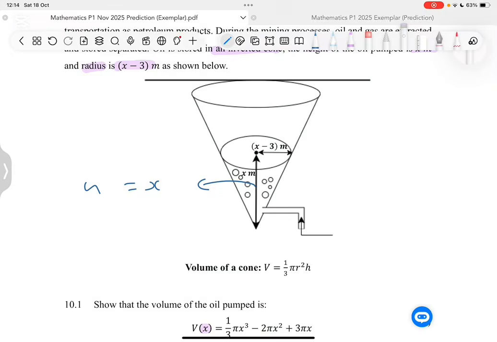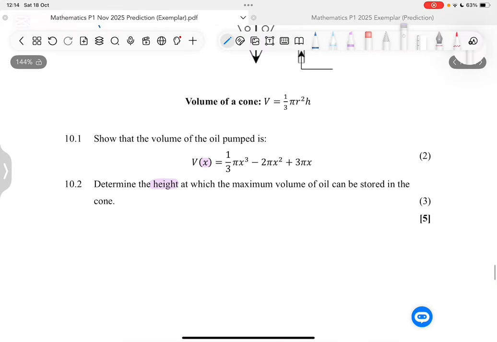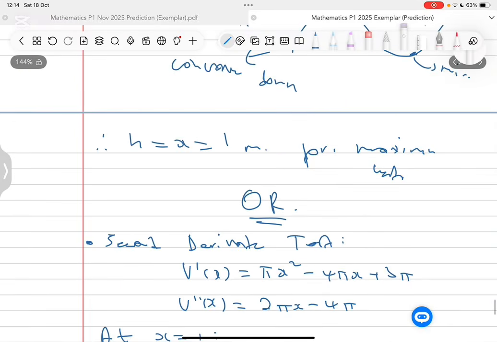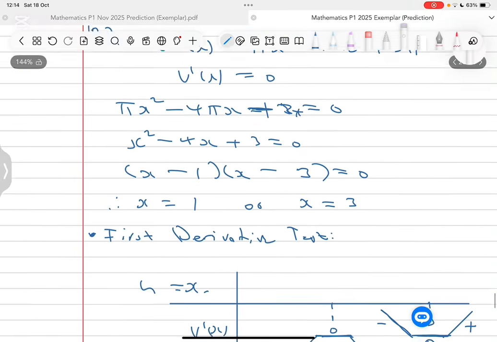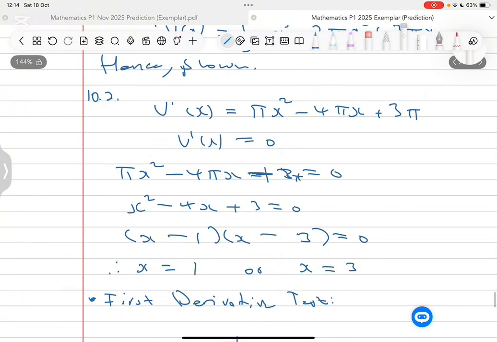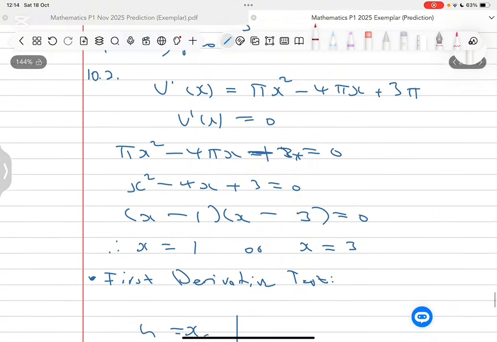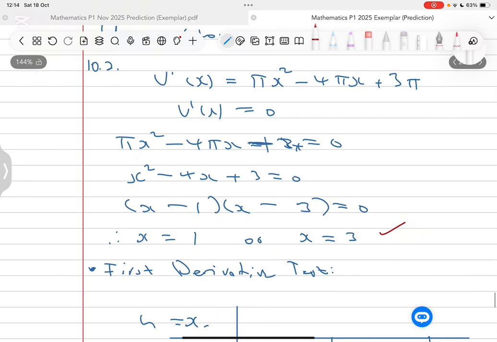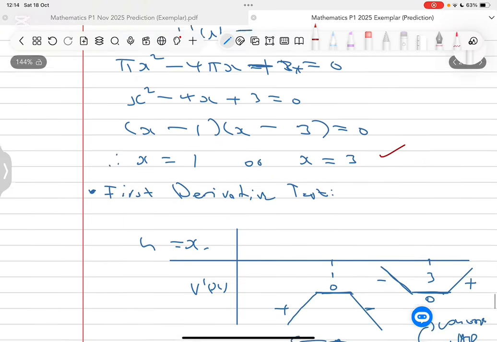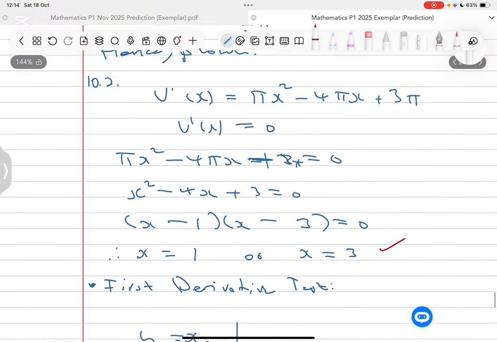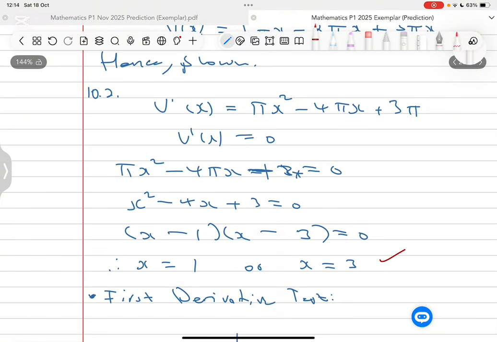Now, this question will be marked out of 3. So your first mark will come from finding the values of x and also taking the derivative here.